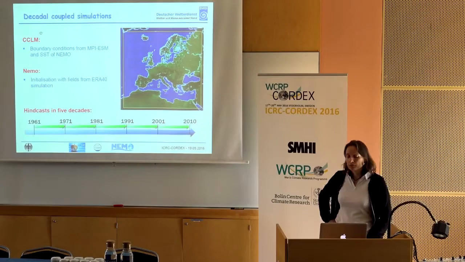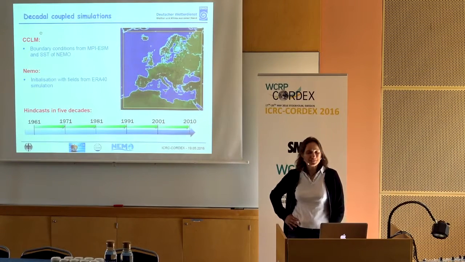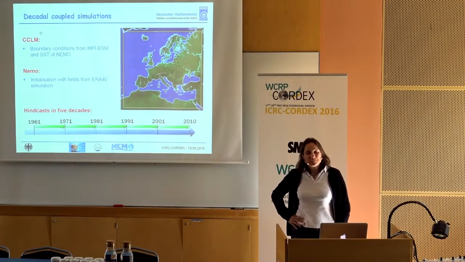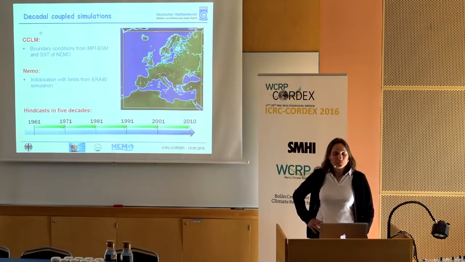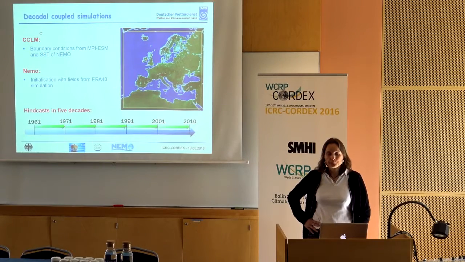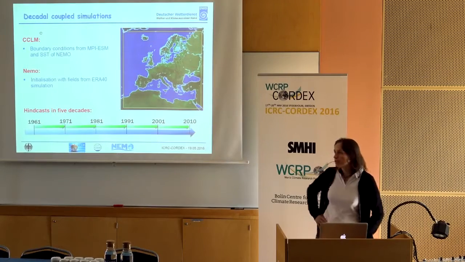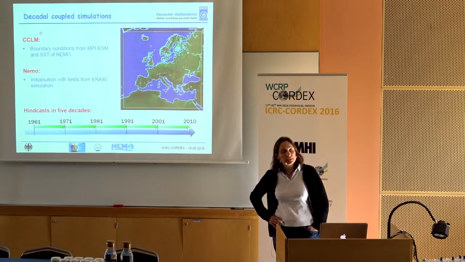The idea with MiKlip was that you have a global coupled atmosphere-ocean model, which is MPI-ESM, which does the decadal prediction, and we at Deutscher Wetterdienst did the regional downscaling of these results.